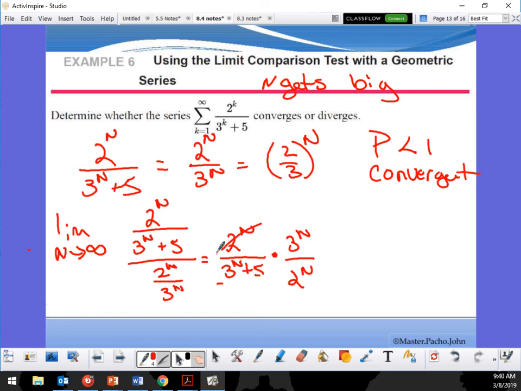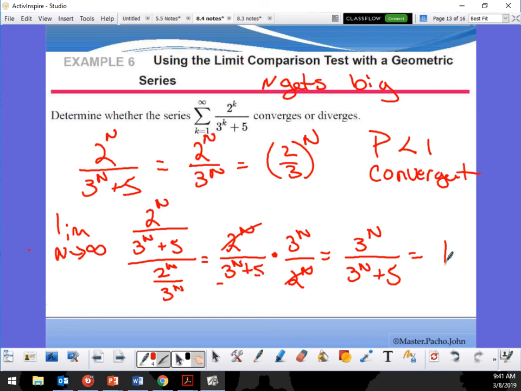So the 2 to the n cancel right here, and I'm going to be left with 3 to the n over 3 to the n plus 5. So now as I'm taking the limit of that, I have 3 to the n over 3 to the n, which should just give me 1.